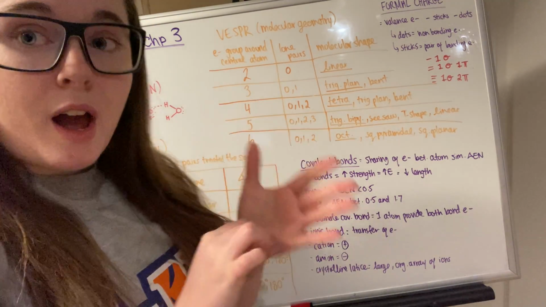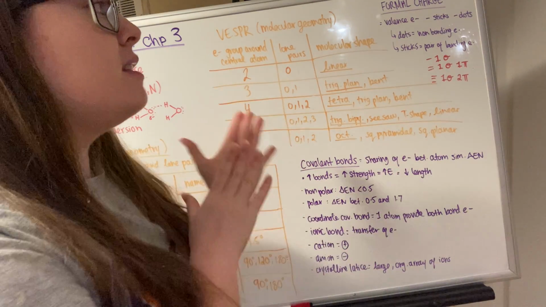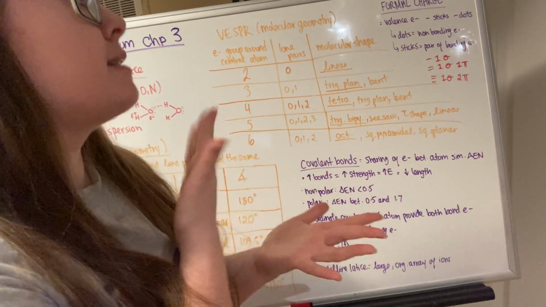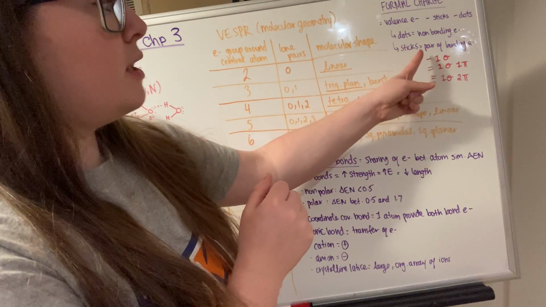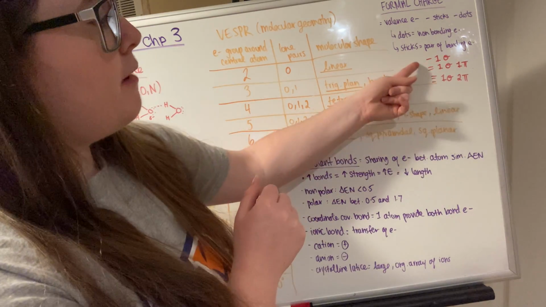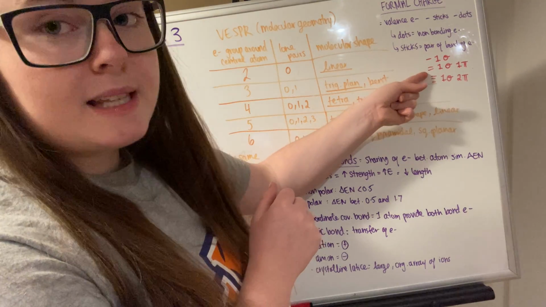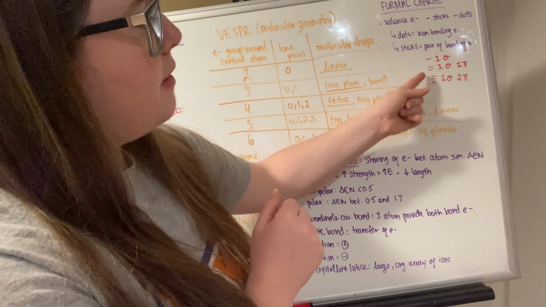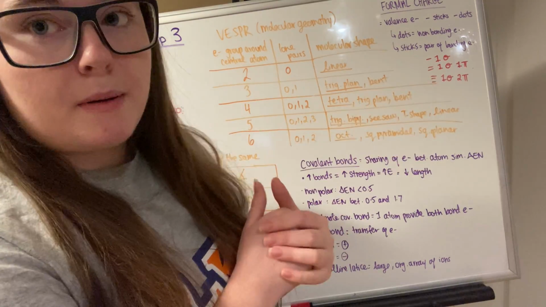So if you were to draw out the molecule, the formal charge would be the valence electrons minus the number of sticks minus the number of dots. And another thing that you see here: if we just have a single bond, it's one sigma bond. If we have a double bond, there is one sigma bond and one pi bond. And if you have a triple bond, we have one sigma bond and two pi bonds.